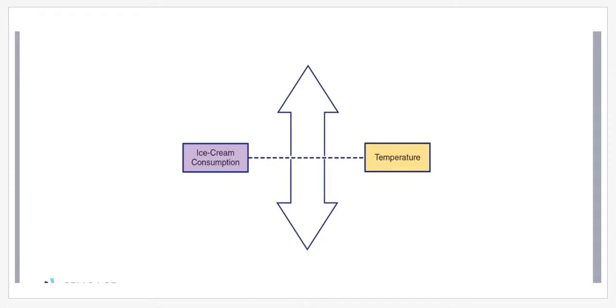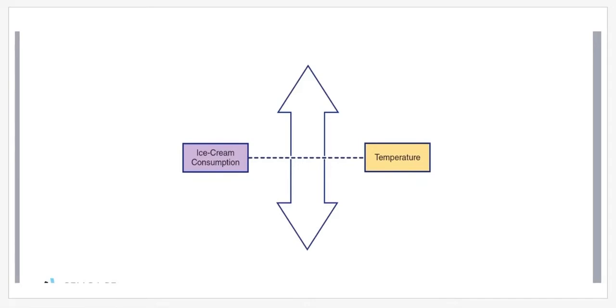Could you manipulate ice cream sales some way, like maybe handing out ice cream in one group and not handing out ice cream in another group, and that would be your independent variable, to see if it affects a dependent variable of temperature? So let's see if handing out ice cream causes the temperature to go up or down. Well, obviously, it sounds silly to even say that. Obviously, handing out ice cream is not going to change the temperature.